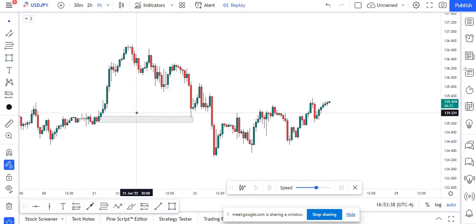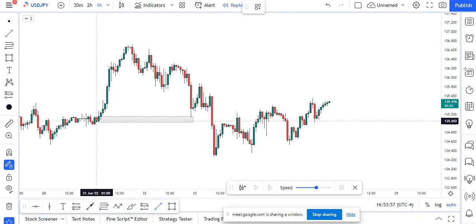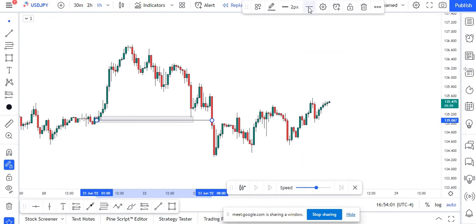What price basically did was at first touch it showed us a reaction. But the price was not able to sustain above that, and soon it broke below this supply demand zone.